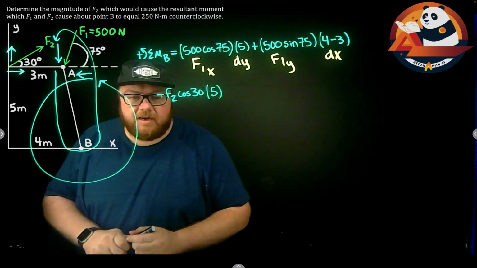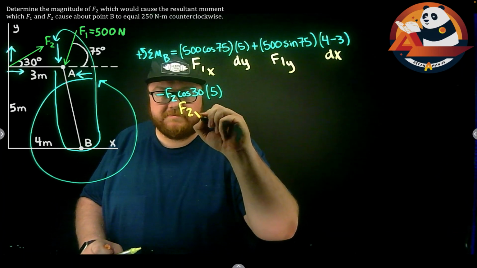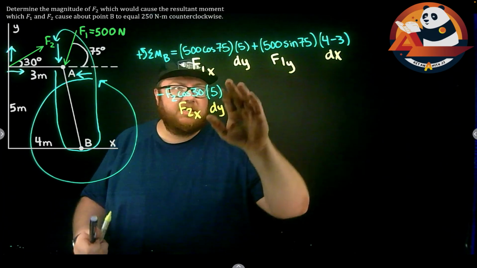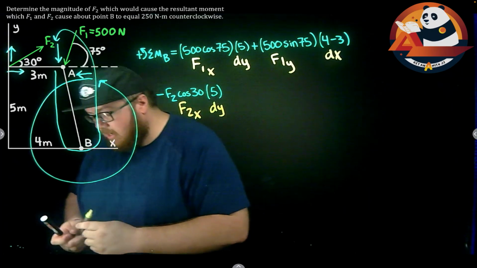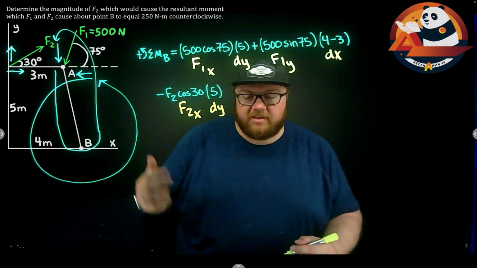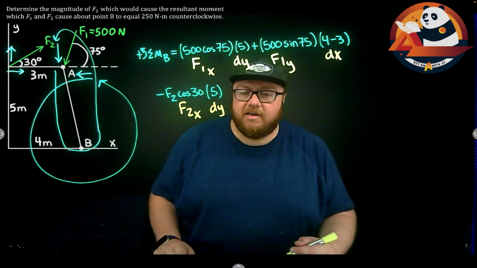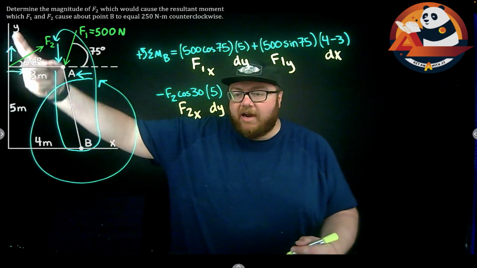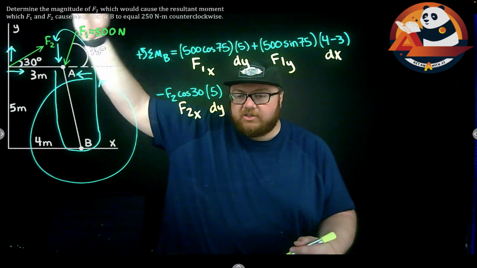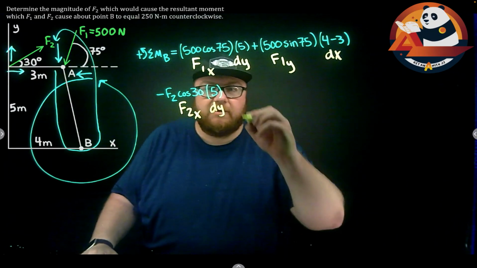Or again, documenting that, this is F2x dy. I'm just labeling these so we know where they're coming from. There's a lot of terms we're just throwing out there right now. You don't need to actually show that in your work, but it helps me out to show it a lot of times. But our last one would be that y component. If it goes up here, that would be a clockwise circle about point B. So I need to subtract this one out as well.